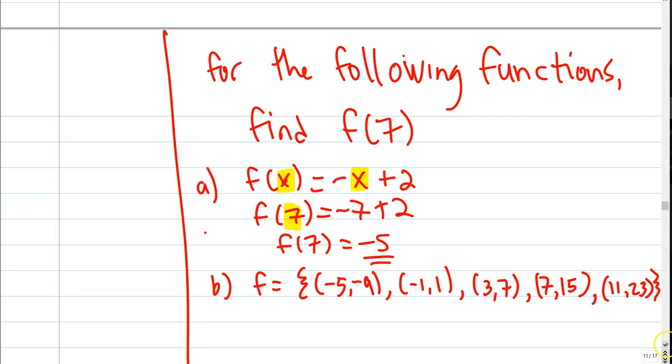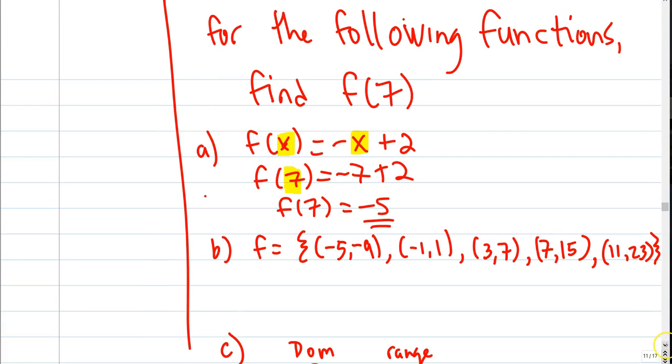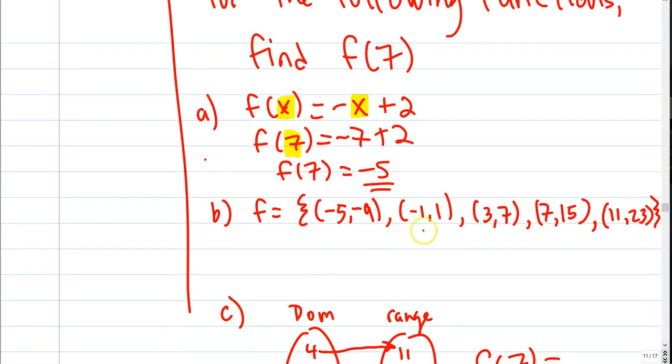What if they gave me a list of points and they said, what is f of 7? f is a collection of all these points. They want f of 7. If I look through here, I see 7 pop up twice. Which one do I want? Well, the 7 is the x value. So I want to know, basically, if I plug in a 7 for x, right? That's what this means.